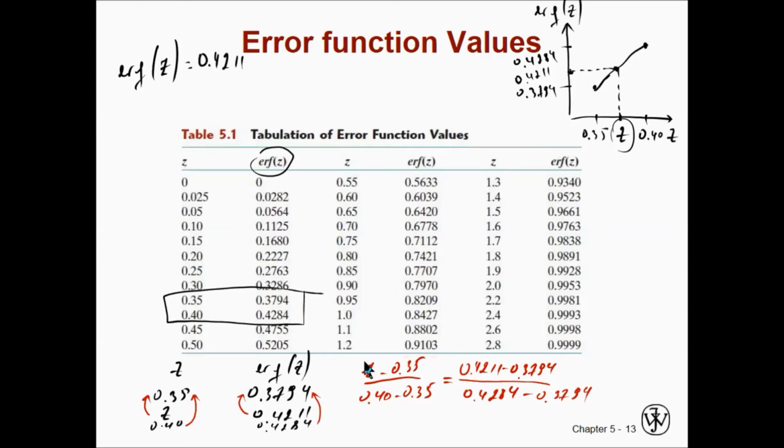So from here I will calculate z, which is equal to 0.39. 2 digits is enough. So as you can see, it is in between these two values. So I found z.